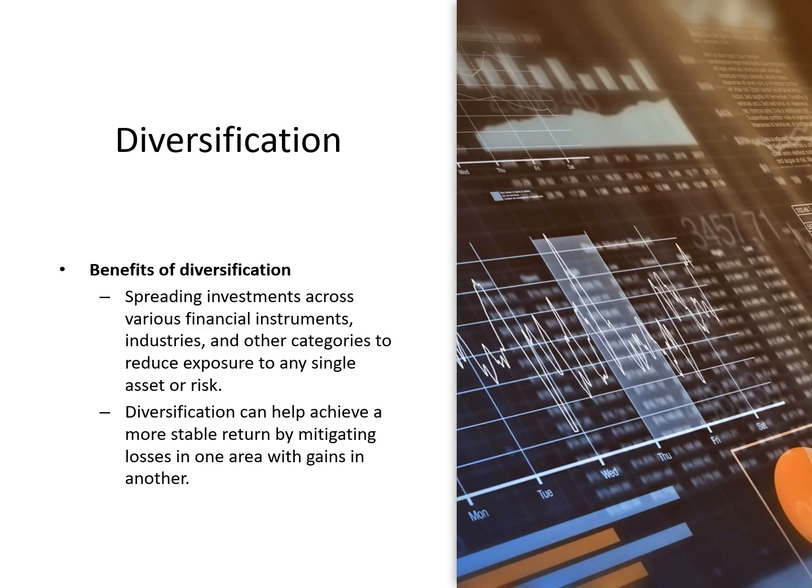Diversification. We've talked a little bit about this. Spreading investments across various financial instruments to reduce exposure to any single asset or any single risk. And so the way diversification works is it helps achieve a more stable return by mitigating losses in one area with gains in another. I talked about the allocation strategy of a 60-40 allocation split between stocks and bonds, based on the premise that as one goes up, the other goes down.